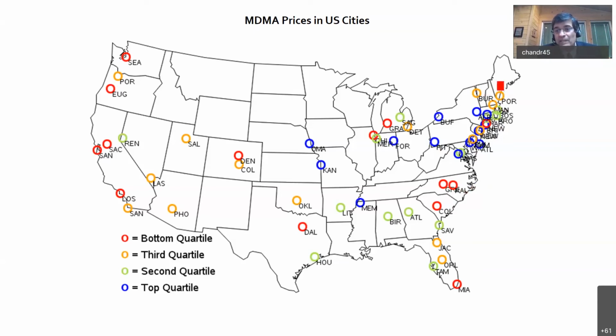Vermont is much cheaper than the neighboring cities in Massachusetts and Connecticut and down in New York State. We got oranges here and then greens and blues. In Michigan, we got oranges and reds along this interstate system that goes to Chicago. And if you look at our West Coast, we've got oranges and reds going down almost the entire I-5 corridor, the Interstate 5 corridor, with a very cheap point in Seattle, Washington, which is close to the border.